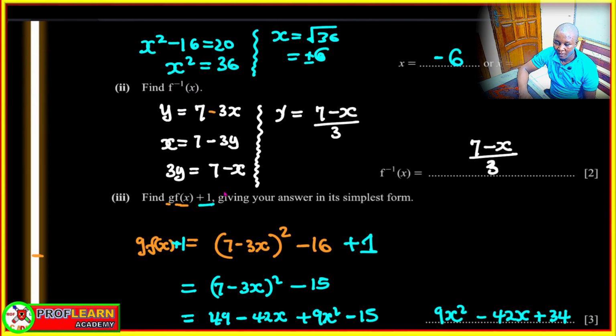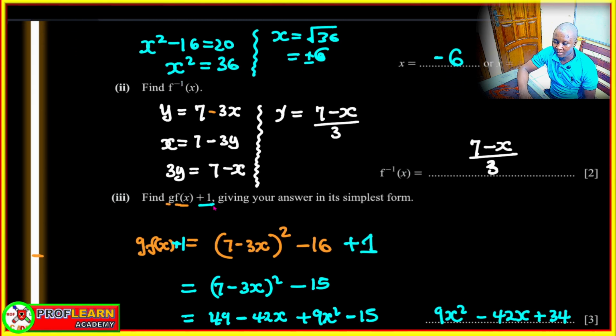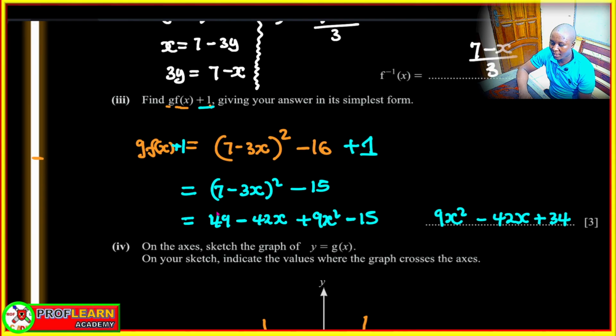That's going to be 7 minus 3x, squared, minus 16, and plus 1. So the answer becomes this. And if you expand, so that you could get what the answer will be.